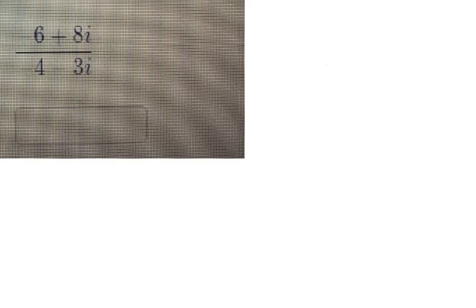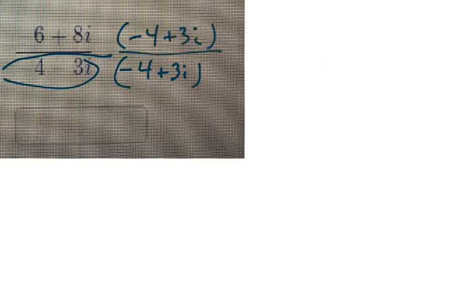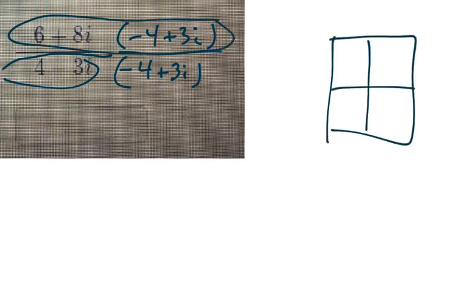Okay, guys, let's try at least one more, right? We need the conjugate of this, so we're going to do negative 4 plus 3i. Let's see what the numerator does. Setting up our area model here.